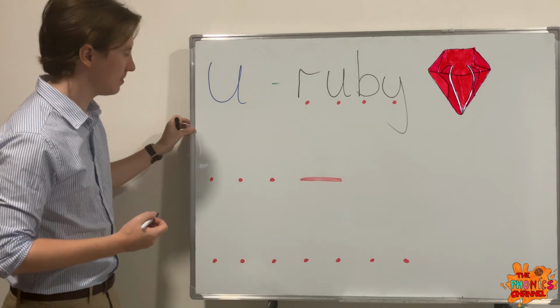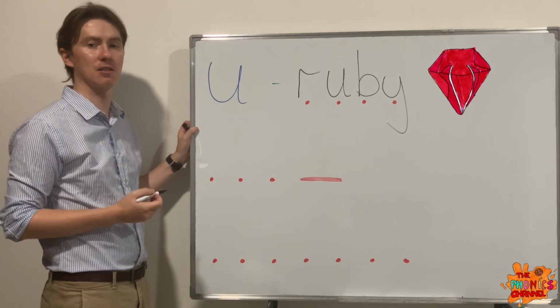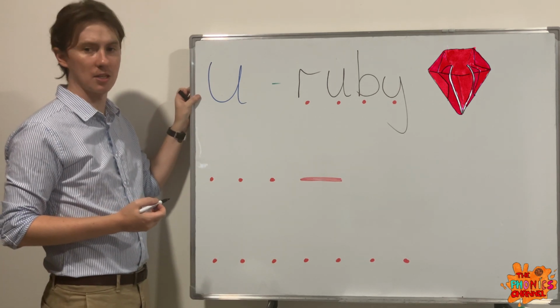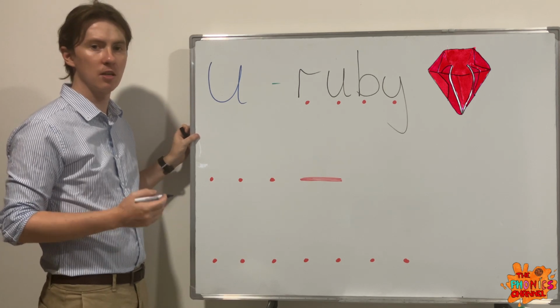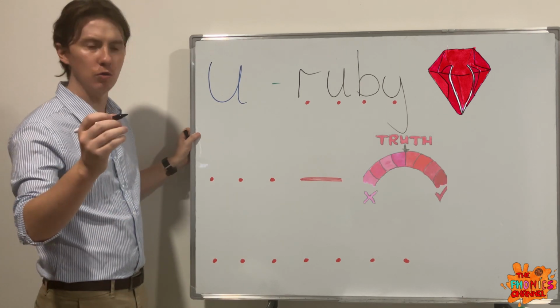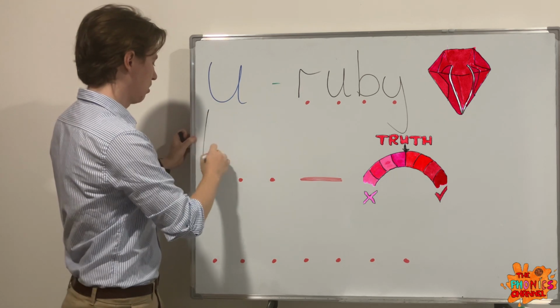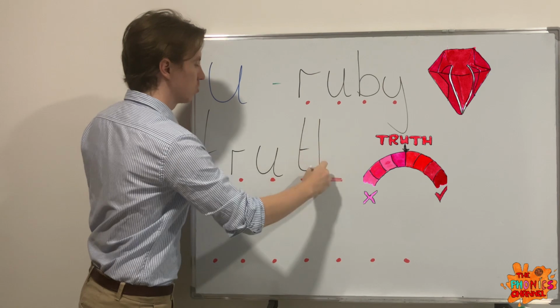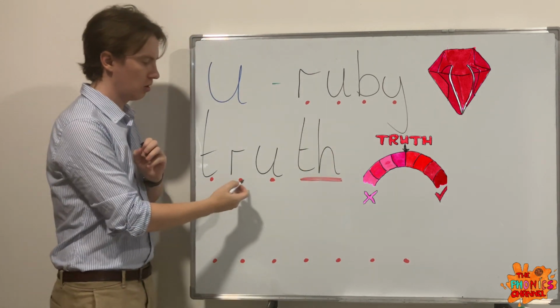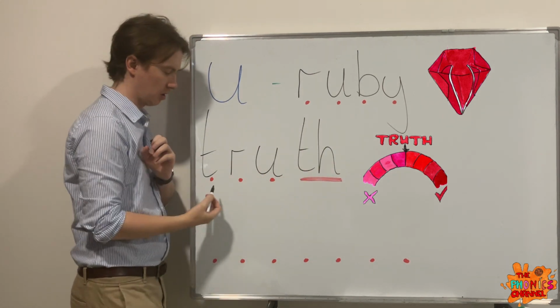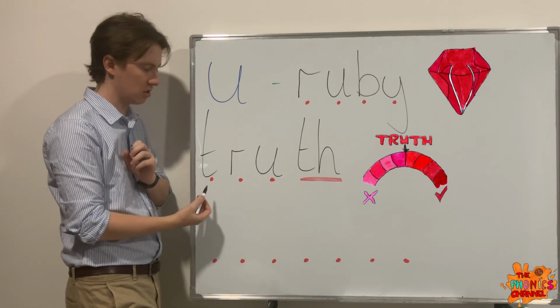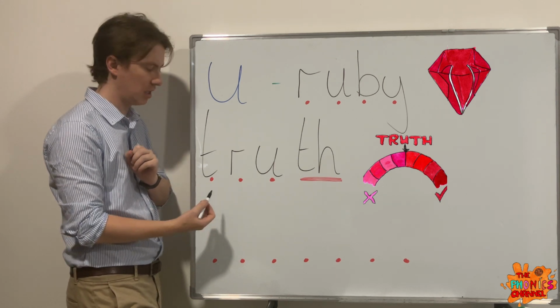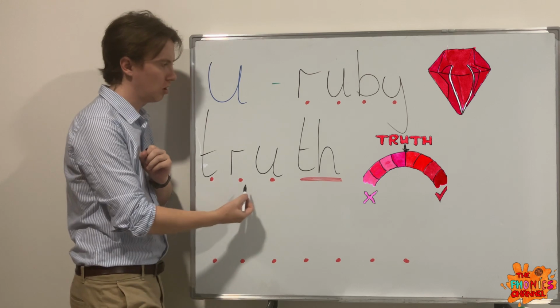Okay, going on to our next word with the U sound, which is truth. T-R-U-F. Truth. We've got the adjacent consonants T and R together, making a tr sound.